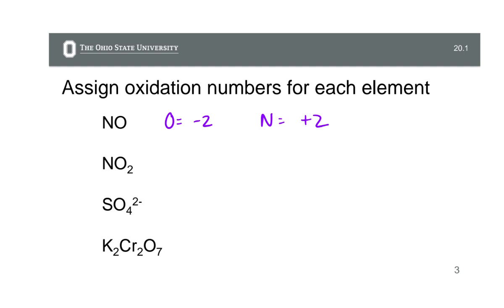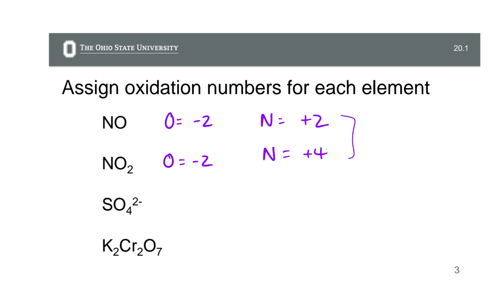In NO2, again, oxygen is -2, but we have 2 of those, so that makes a difference. We have this overall 0, the neutral charge, so these oxidation numbers have to sum up to 0. So that means the N has to be +4. Did we get that one? Okay, good.